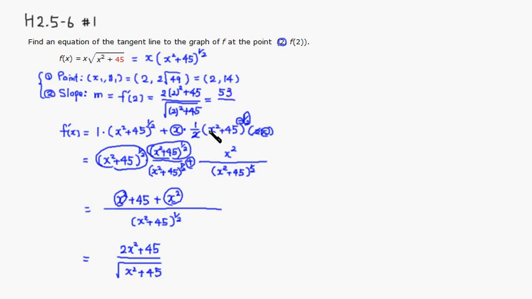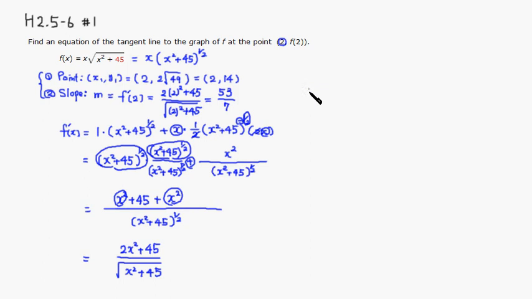On the bottom you have the square root of 4 plus 45, so the square root of 49, which is 7. So that's the slope.